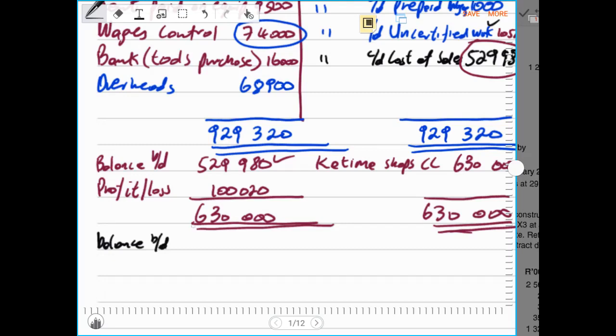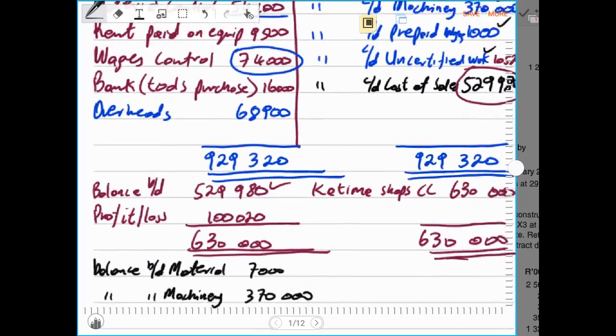Balance brought down for material. I think the first one is material of 7,000. And balance brought down for machinery, 370,000 rands.